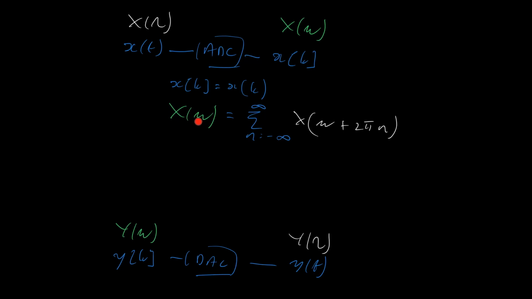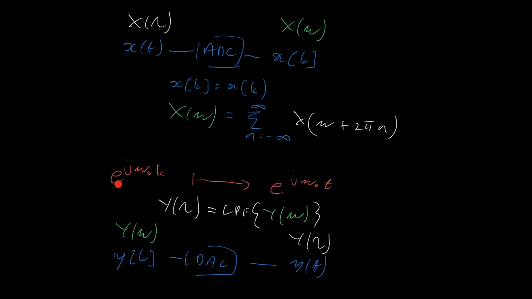Our DSP block will process x of k and do something to it, and if we understand it in the frequency domain, then we can work out what happens when we go through to the D to A converter. This time, the time domain relationship is the more complicated one, but we have a straightforward frequency domain relationship between the input and the output.